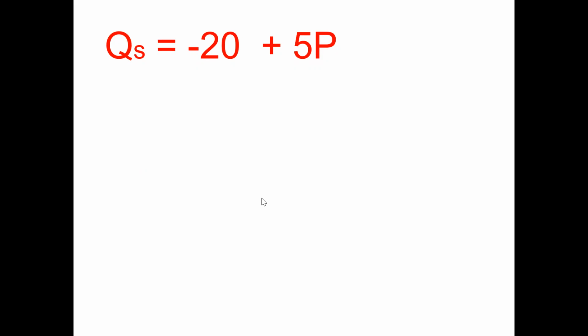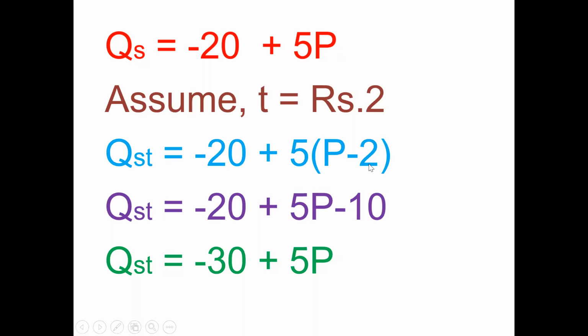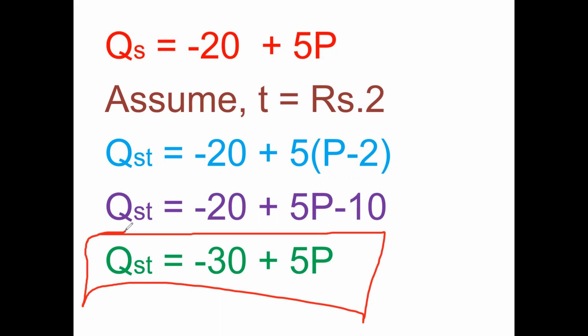Sadamini okay. Almost all answers sent are correct. Chisuni correct. Right, now the steps. QS equals minus 20 plus 5p, with P minus 2. Minus 20 plus 5p minus 10. So the answer is QST equals minus 30 plus 5p.